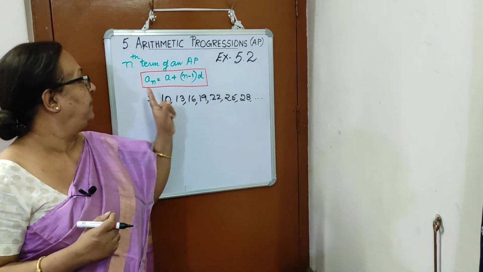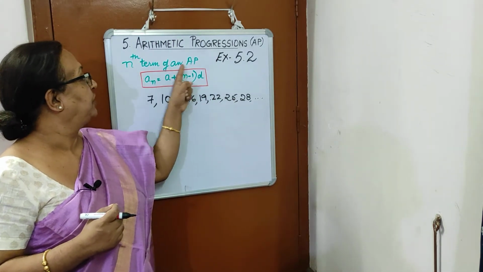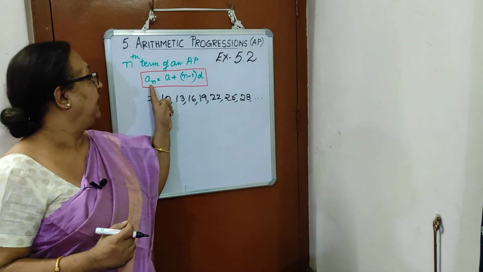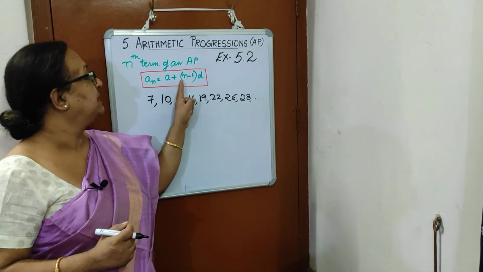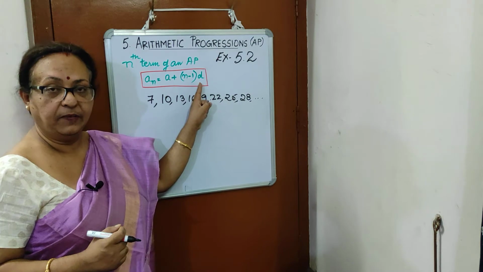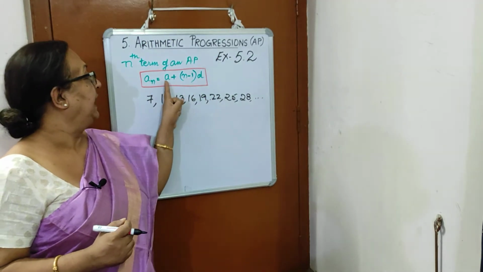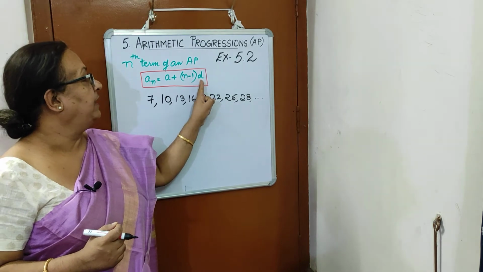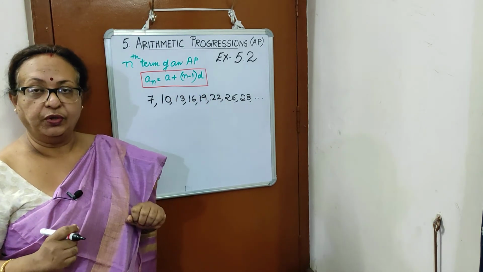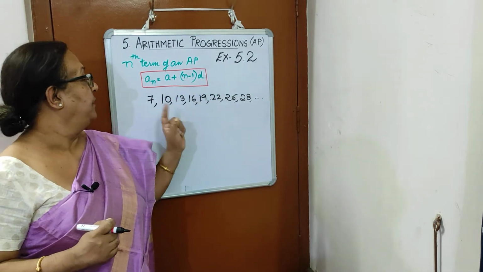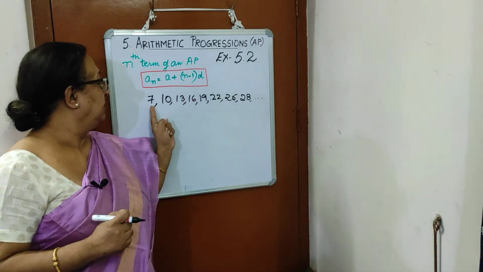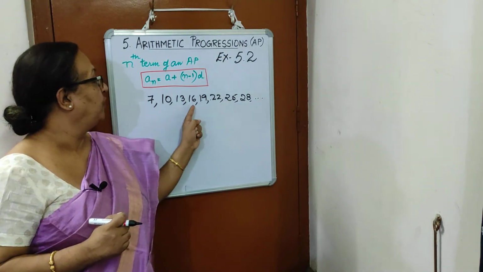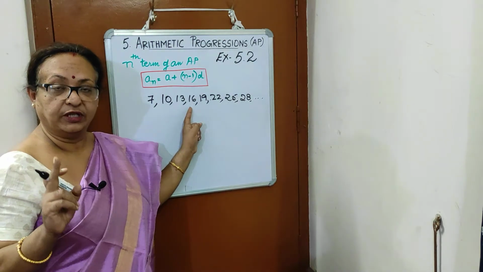What is the formula? The nth term of an AP is given by an equal to a plus n minus 1 d. Now what is this? A is the first term, this is known to you. D is the common difference, this is also known to you. Now what is n? Suppose I say 1, 2, 3, 4. 16 is the 4th term.